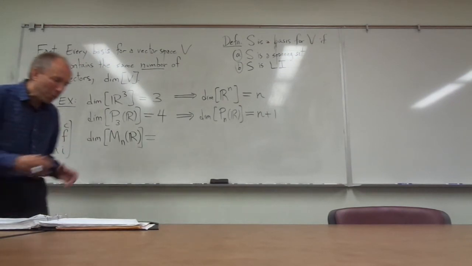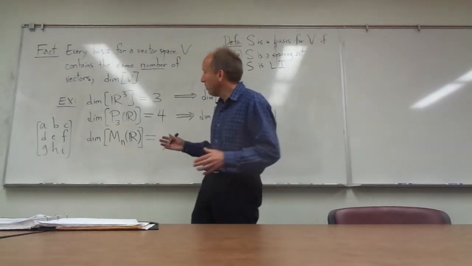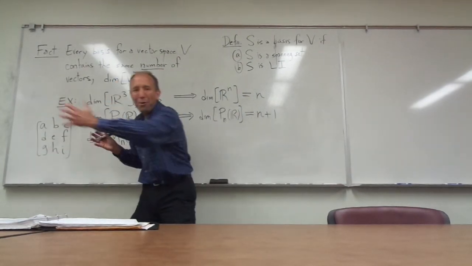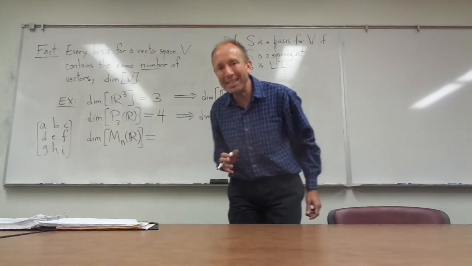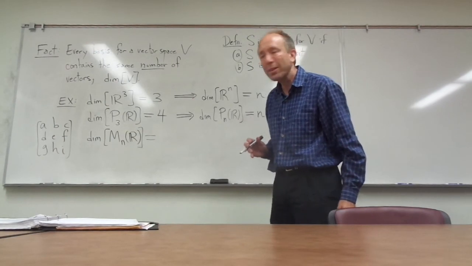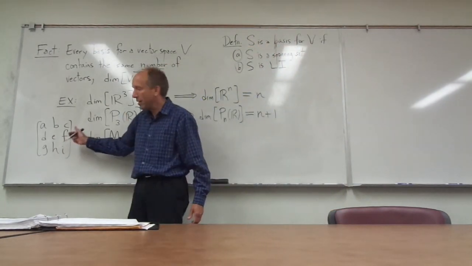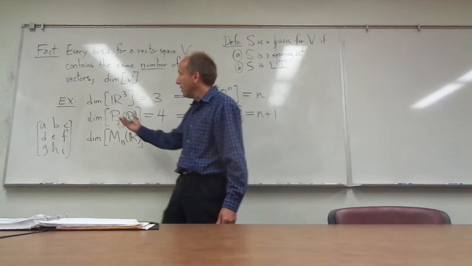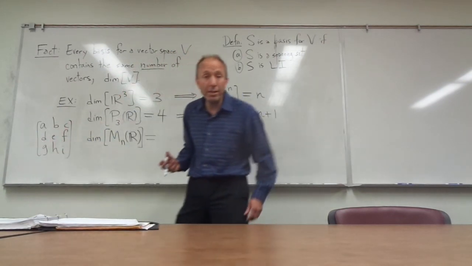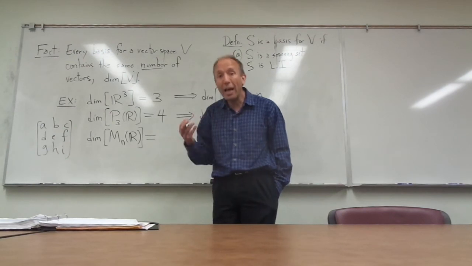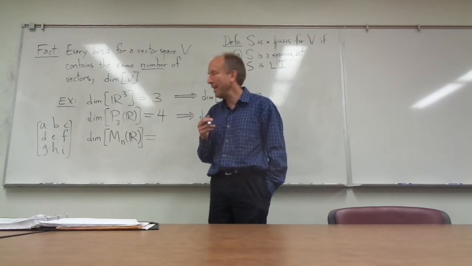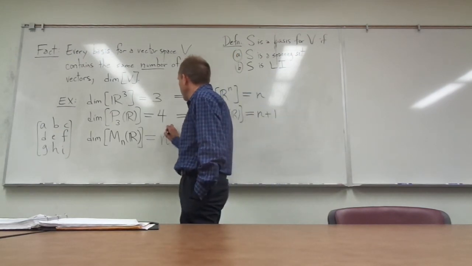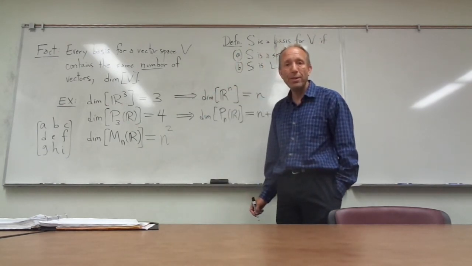How many variables are you going to have to bust out when you create that spanning set for M3 of R? Well, you can see right here that I have 9 entries in that matrix, and in fact, a basis for M3 of R is going to have 9 vectors in it. The answer here in general is n squared.